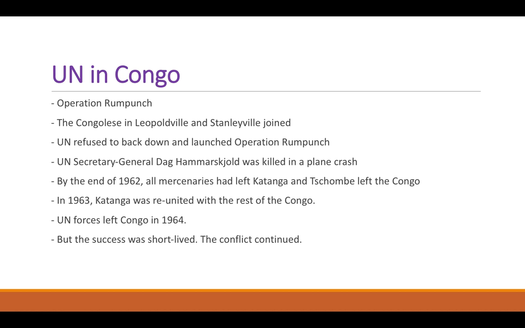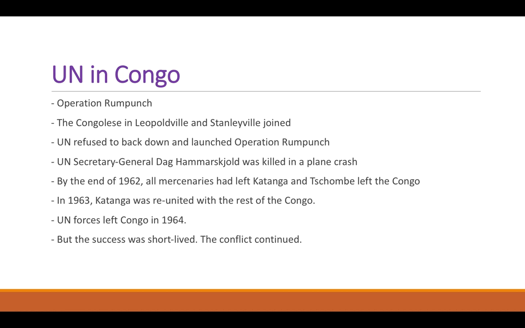By the end of 1962, all mercenaries had left Katanga and Chombe left Congo. So things were getting together. In 1963, Katanga was reunited with the rest of Congo, and in 1964, United Nations forces left Congo. But the success was short lived.